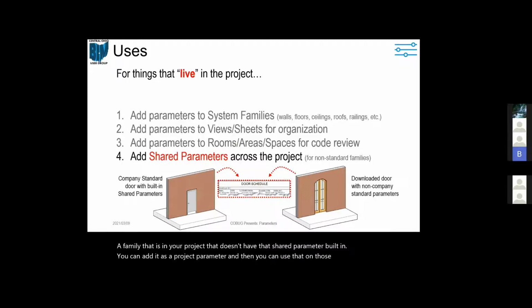So let's say you have doors that are in your library that are standard, and they have all these shared parameters built in, what your hardware sets are, what the head, sill, and jamb details are. You can build those in when you're making the family, but if you're downloading something, say you go to JELD-WIN and download their door, it's not going to have those shared parameters in it. So in order to get your schedule to work, in order to be able to edit those parameters for that downloaded door, you can add those as project parameters, and then you have that ability.